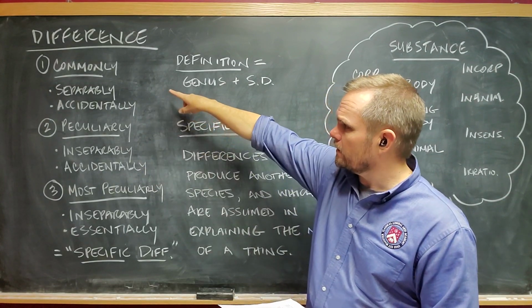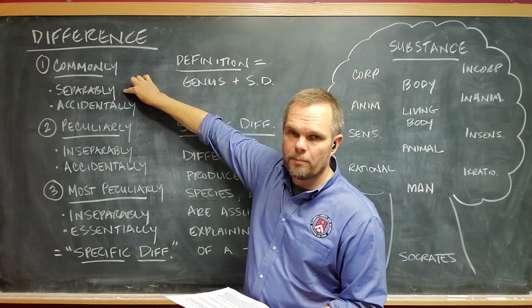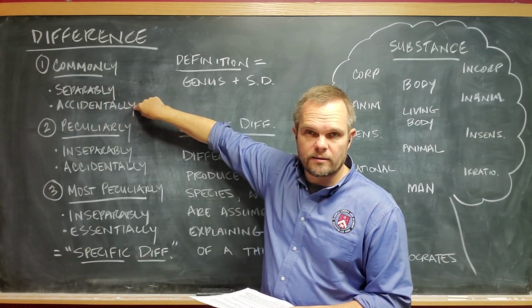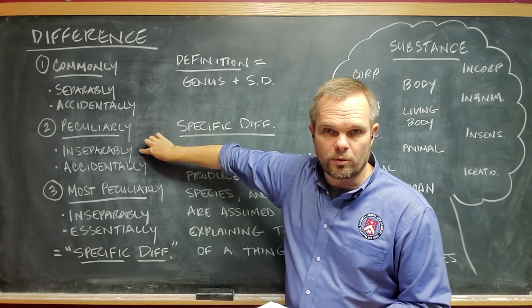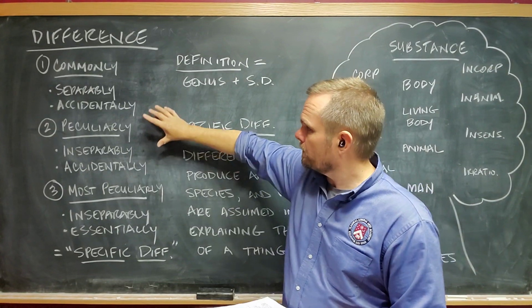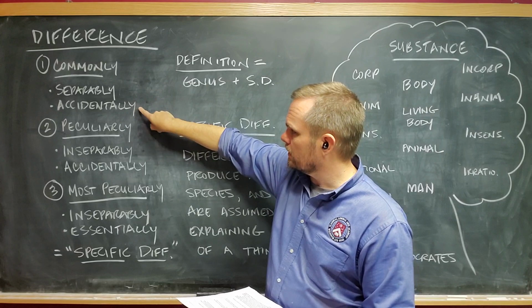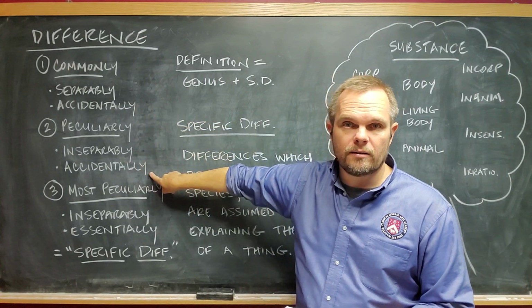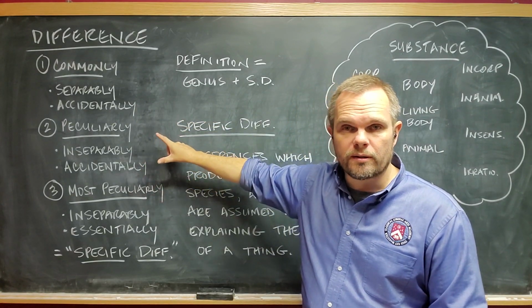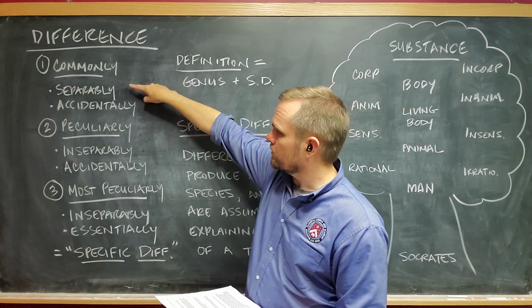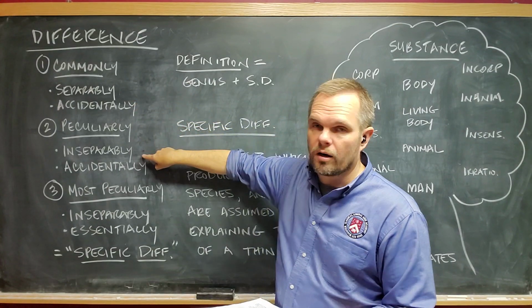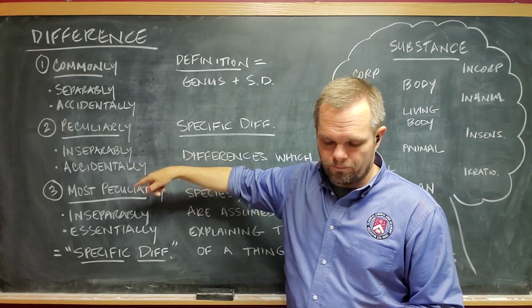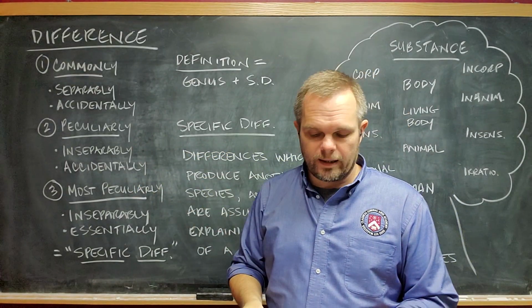Now, for the common difference, we saw it was separable and accidental. The peculiar difference is inseparable and accidental. So these are similar in that they're both accidental, but they're different in that common differences are separable and peculiar differences are not separable.